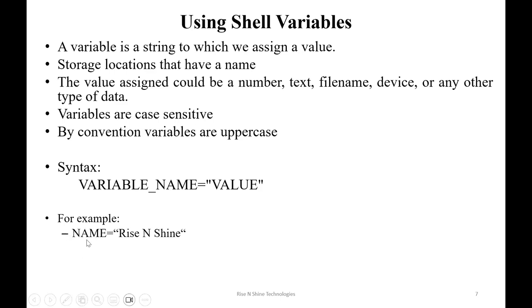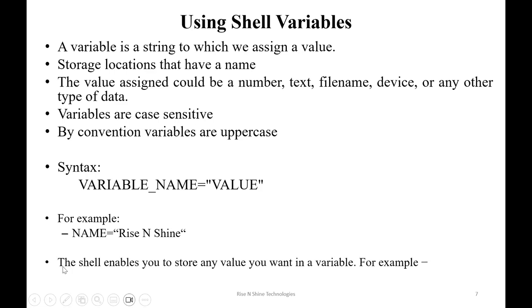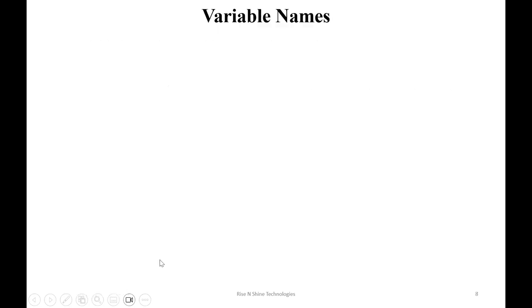Some valid variable names, just observe: name equals some value. The shell enables you to store any value you want in a variable, any type of value. Variable 1, variable 2, 100, this is text and this is numeric.